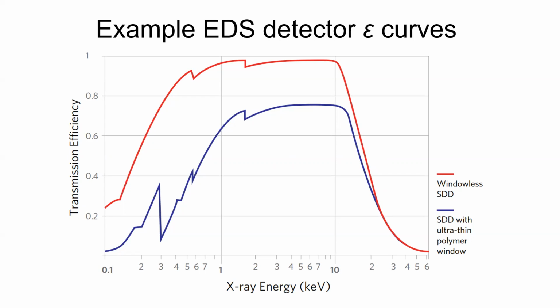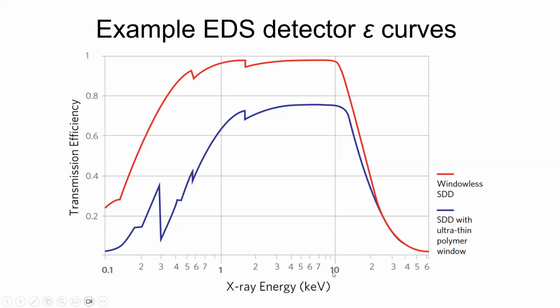Okay, but they have actually two examples here of two efficiency curves. Okay, so they have one that has a window and one that does not have a window. Okay, so the basic idea here is as I go from lower energy X-rays to higher energy X-rays. Keep in mind, this is a logarithmic scale. So this is 100 electron volts. This is 1 kilovolt or keV.